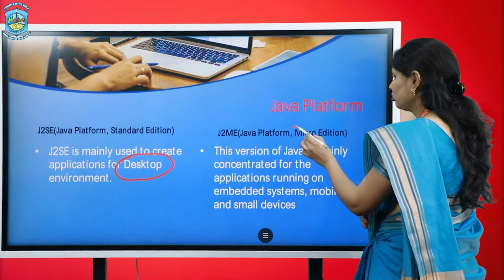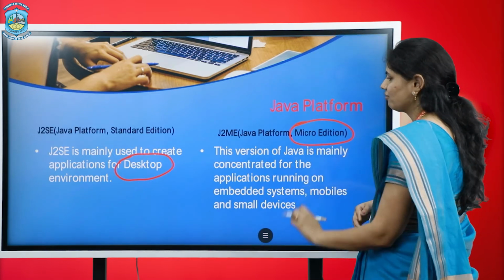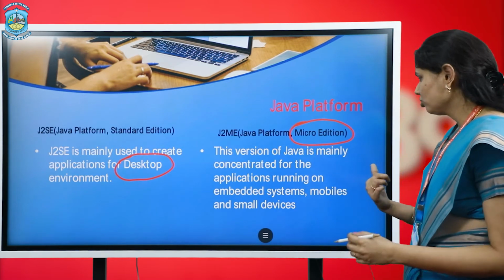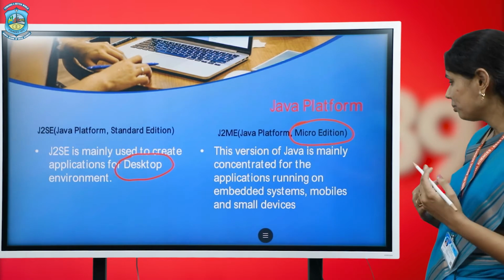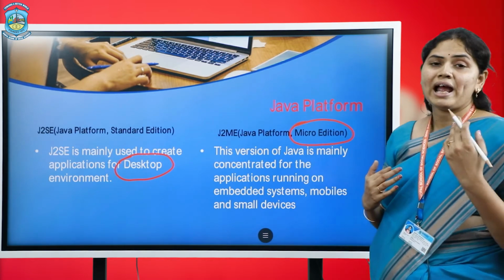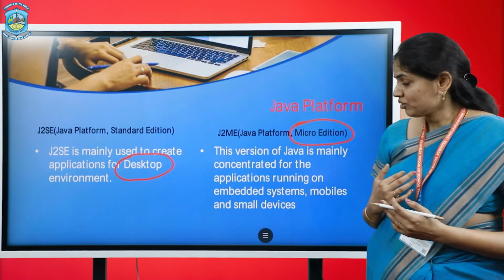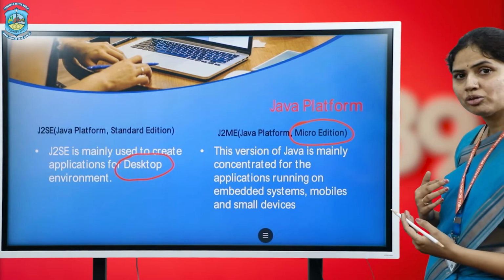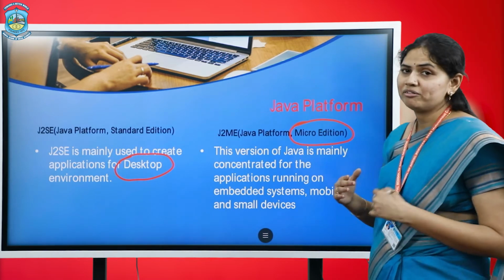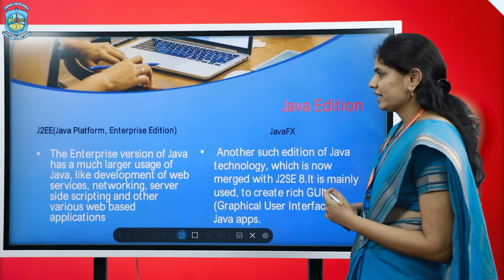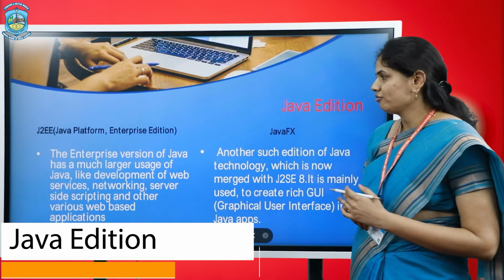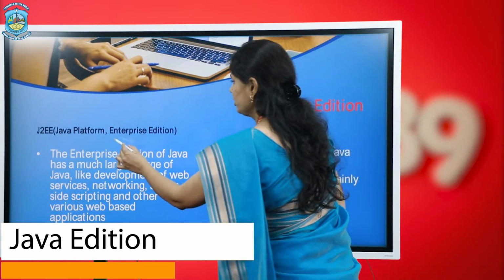Then the Micro Edition of Java platform. This Micro Edition is mainly used in developing mobile apps, for embedded system programming, and for small devices programming. The next edition of Java is the Enterprise Edition.